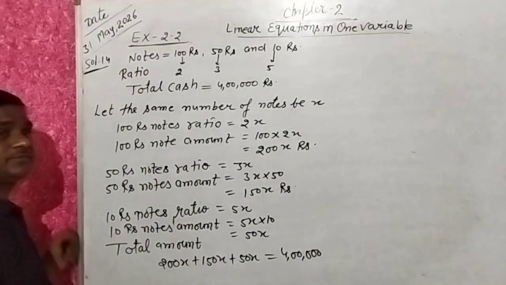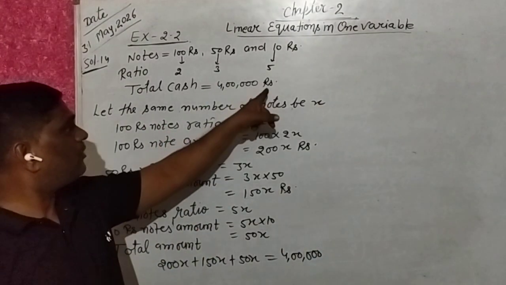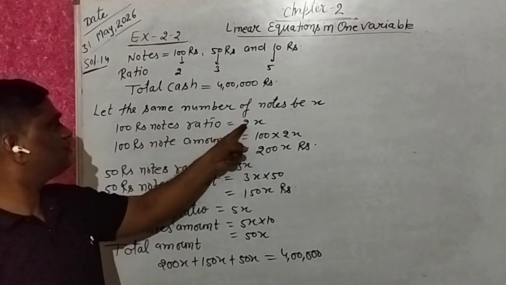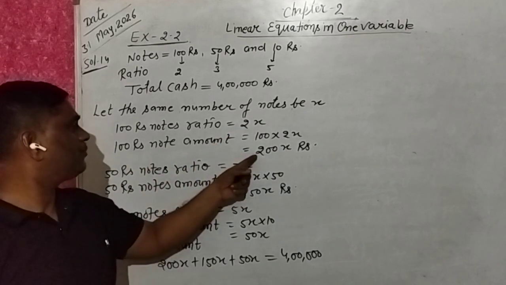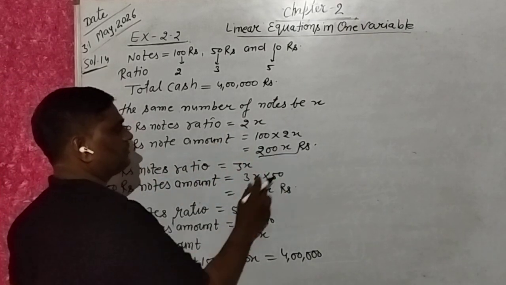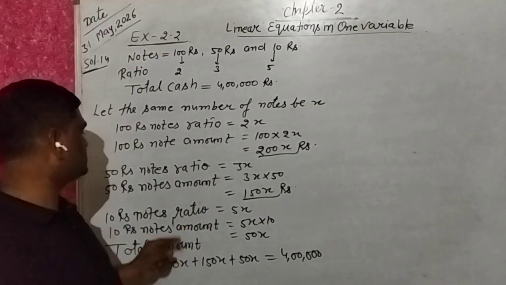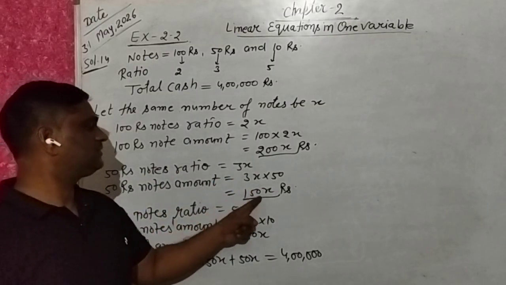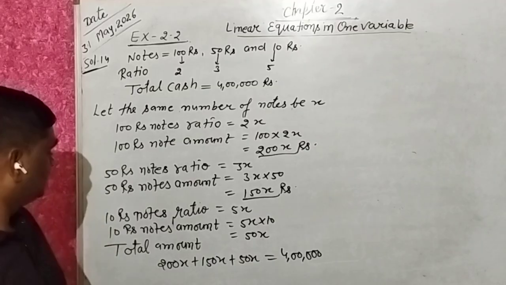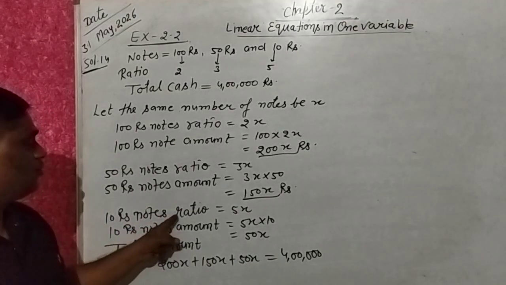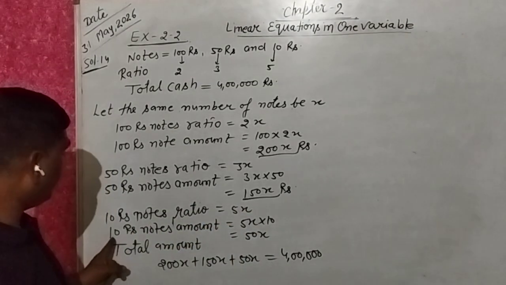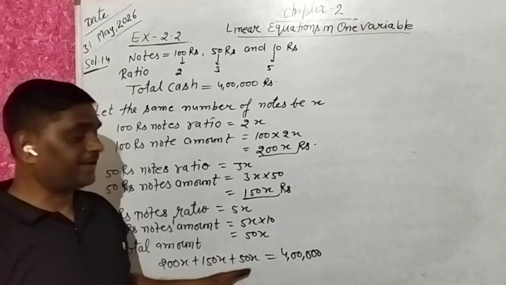Do you understand? First of all, the same amount x rupees: 100 rupees note 2x, amount 200x. The 50 rupees note ratio 3x, amount 150x. According to the question, 10 rupees notes ratio 5x and amount 50x.